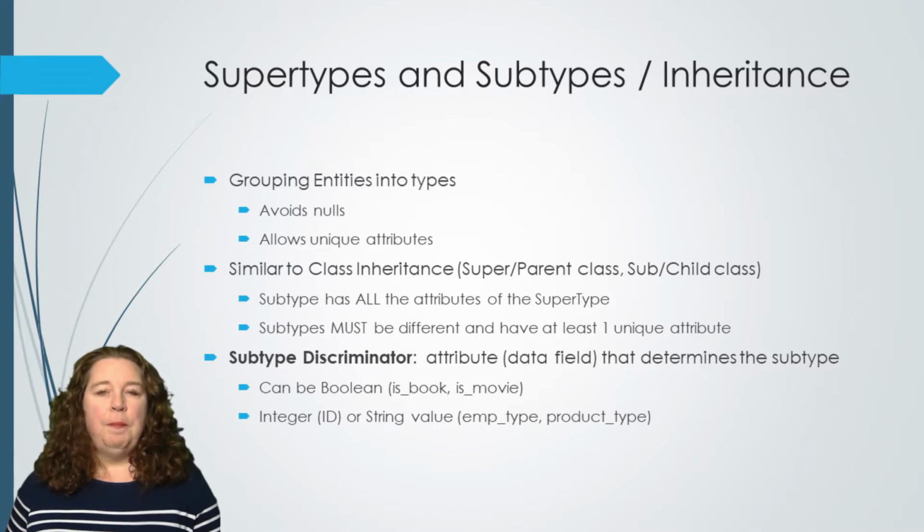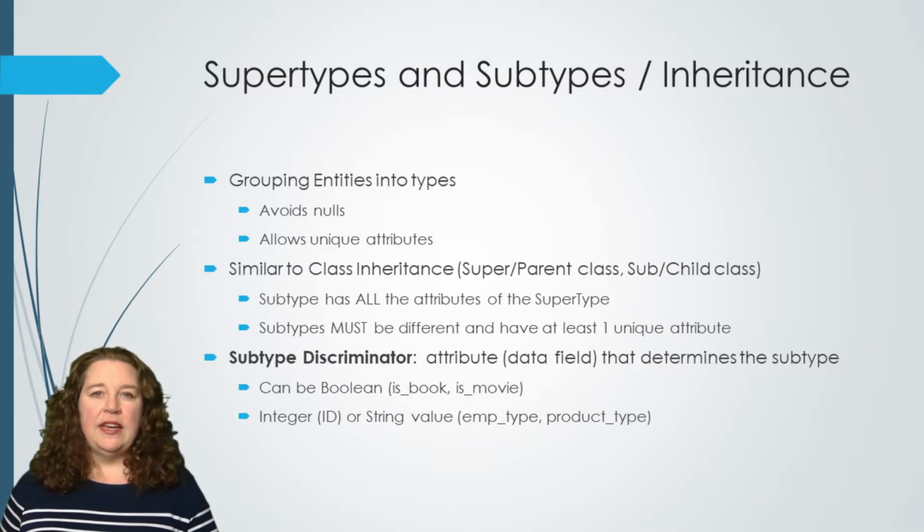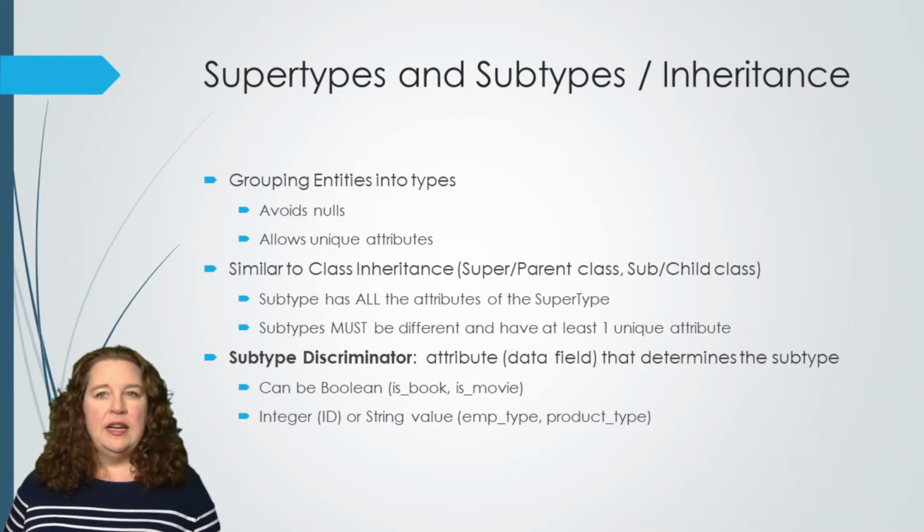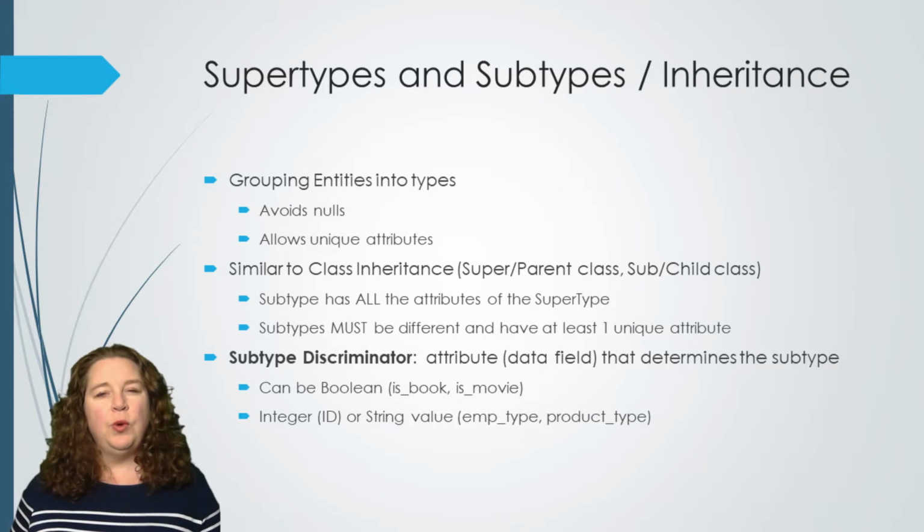When we talk about data tables and things like that, sometimes you'll find that there are multiple things that you're putting into tables that are actually really grouped together, but they have some attributes that are different. Different types of employees might have different attributes associated with them, and you're kind of looking at it going, well, they're employees, so they kind of all need 80% of the same attributes, but then salaried versus hourly employees.